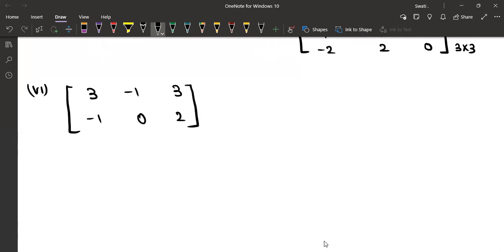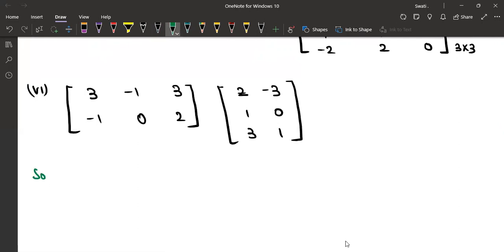This is our first matrix. The second matrix is 2, minus 3, then 1, 0, and then 3, 1. All right. So these are the two matrices we have. Matrices is the plural form of the word matrix.